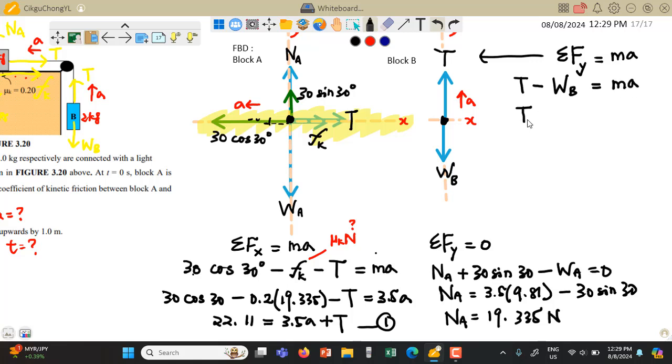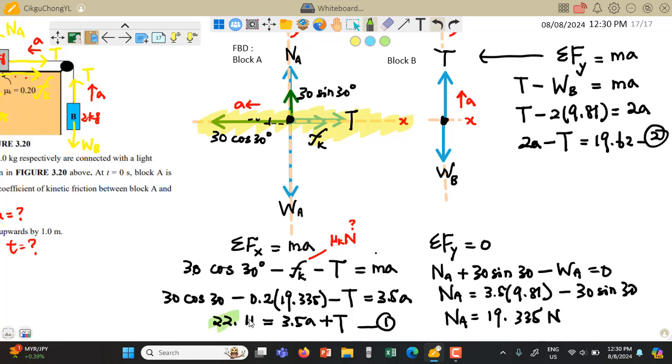So I'll get T minus weight B, which is the mass of block B, 2, times g, 9.81, equal to 2A. Then I rearrange this equation, so I'm going to have 2A minus T equal to 19.62. So this will be my second equation.